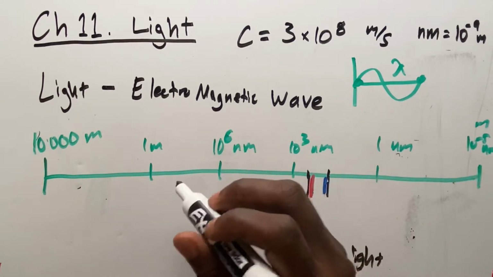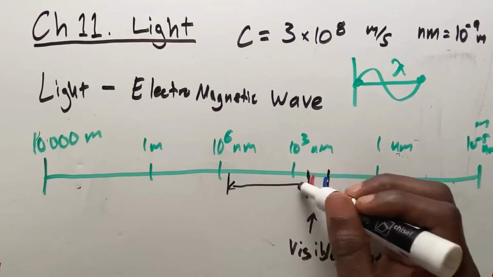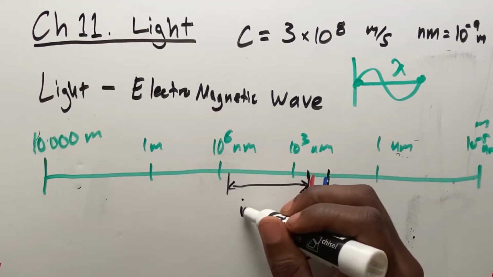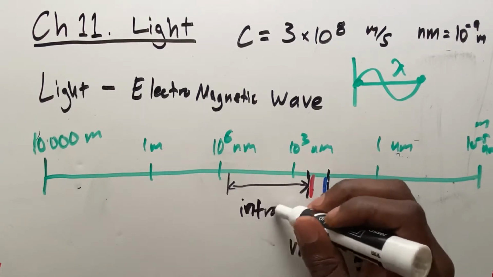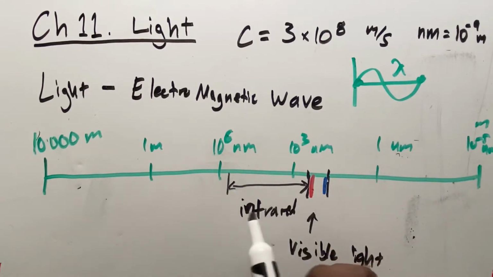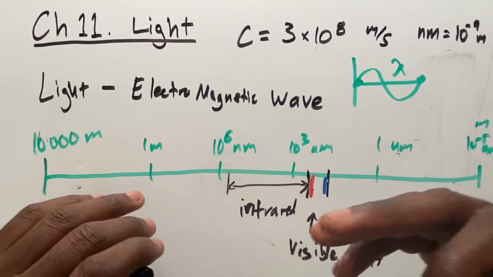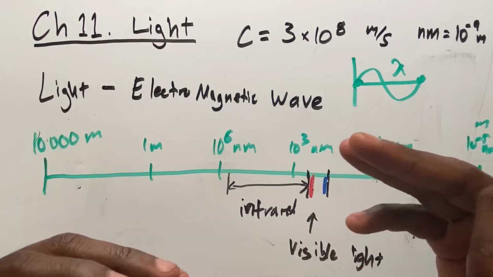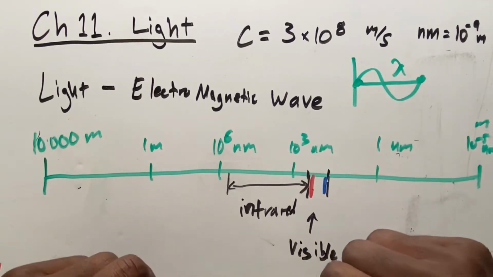So about right here, from here to here, is roughly about the infrared region. And infrared is basically heat, well not heat, but it's basically temperature. Because your body gives off a certain amount of body heat, right? And that body heat can be seen with infrared goggles or night vision goggles.